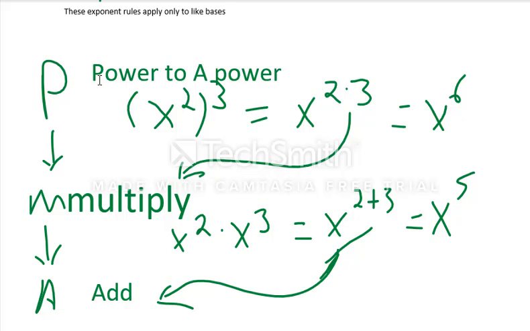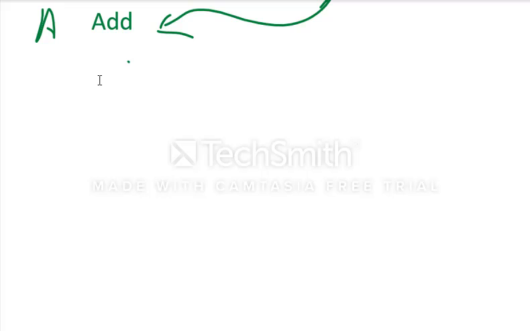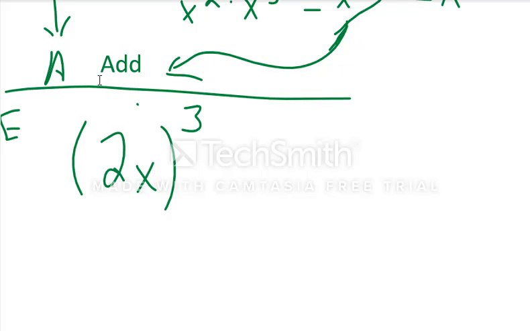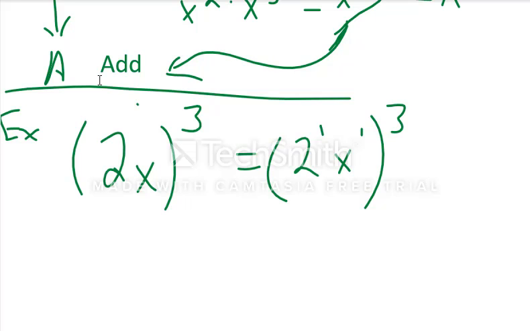Okay, a couple other additional examples. If we look at something like 2x to the third power, neither of these has an exponent written, so that's the same as 2 to the first power, x to the first power, all to the third power.